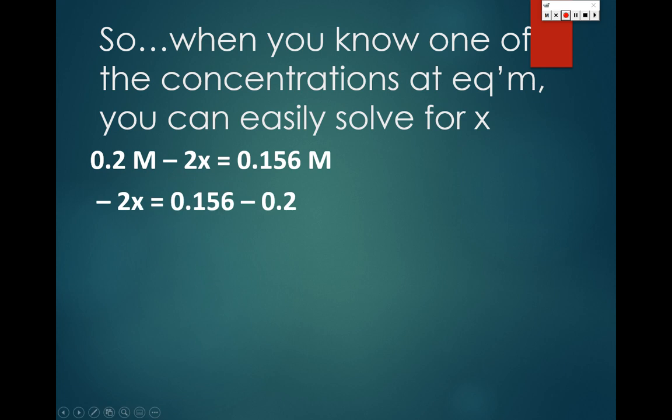And if it screws you up, you don't have to include the units here, okay? And again, you could do this in your calculator. You don't need to show that extra step, but I will.